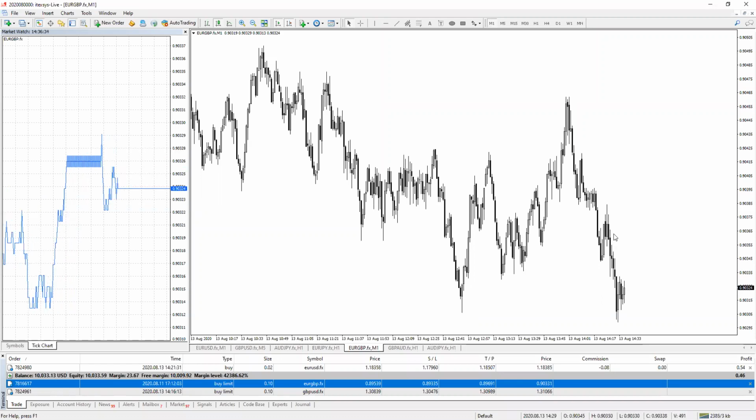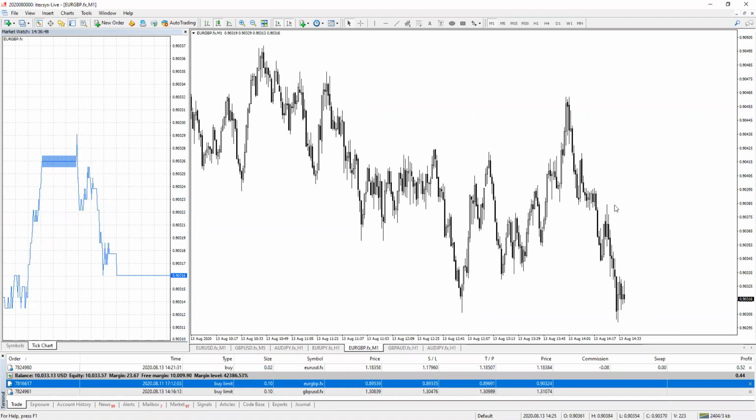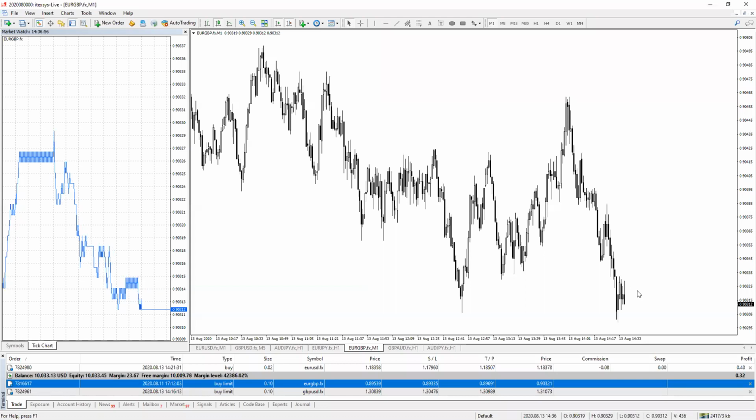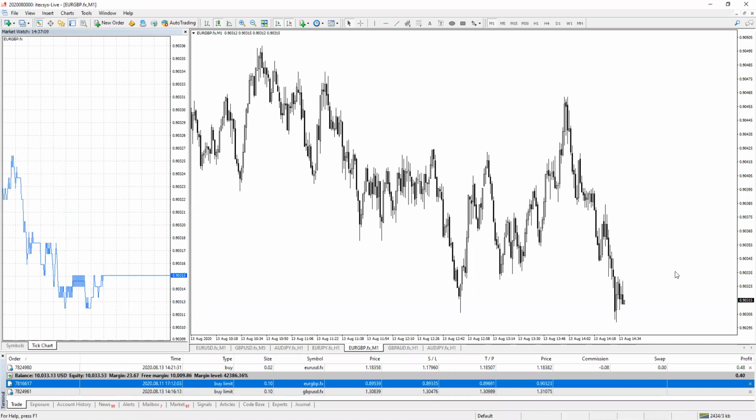What I would like to see is price actually creating a micro demand here on the M1, and then maybe trying to bounce at the highs of this flag up. If it will, then once price goes back to the region, we can buy this compression. But still, there's no confirmation, not on M1, not even on tick chart. So it's not really ready to take there.